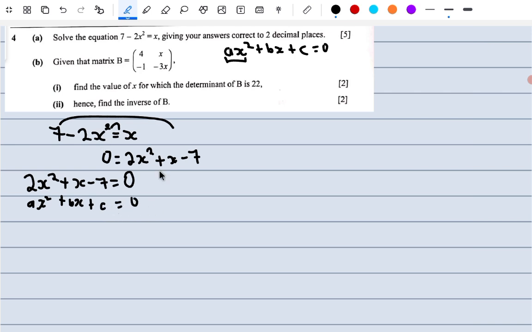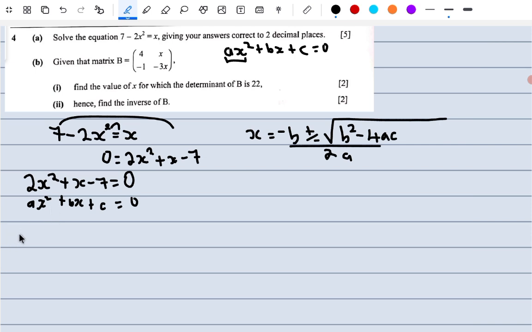Now that you have everything like this, you can simply go to the quadratic formula. The quadratic formula is given in your exam question paper, and it's given by x is equal to negative b plus or minus the square root of b squared minus 4ac, over 2a.